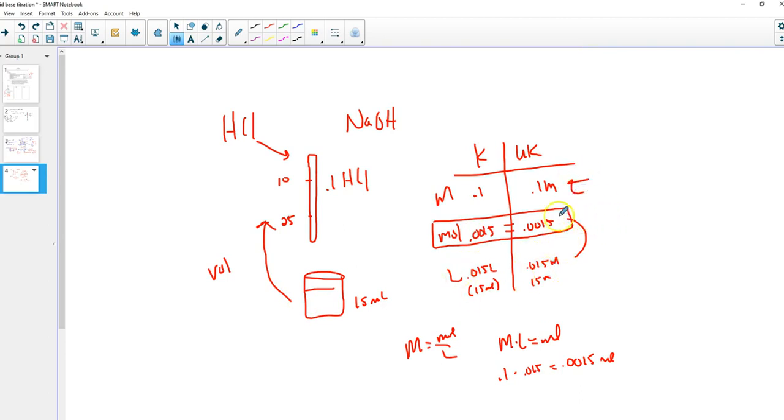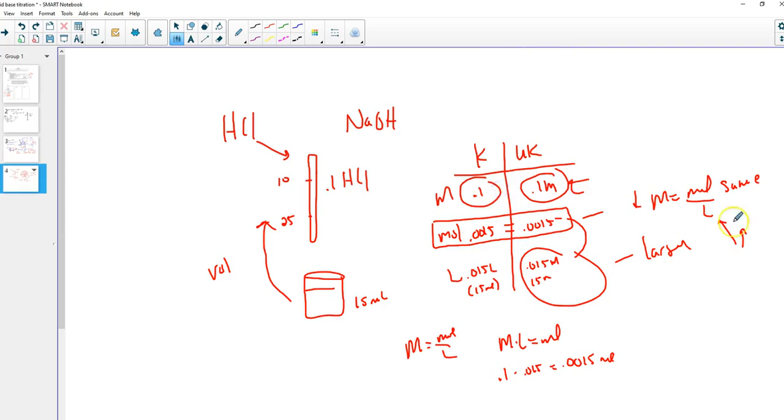If, for example, this volume is larger, molarity equals moles per liter, so the same number of moles in a larger volume means this concentration has to be less. This is less than this. If the volume is smaller, the same number of moles in a smaller volume means this is larger. So this one here is larger than this one.